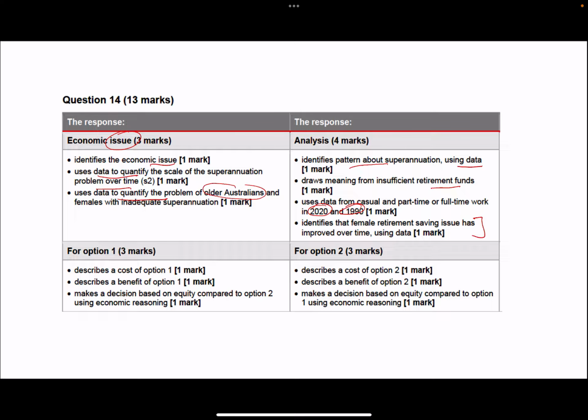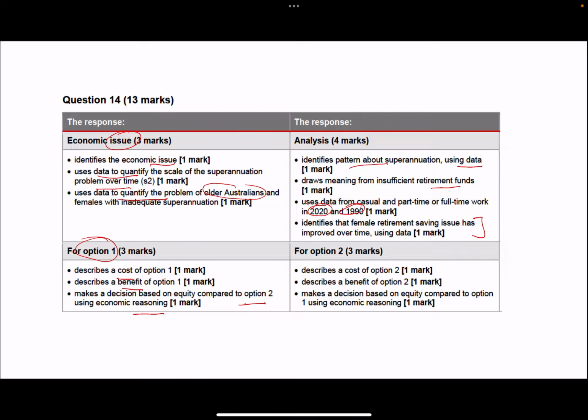Our next step, the second part of the question, is option 1 and option 2. So if you just argued that, say, option 1 was your preference, you actually cut yourself out for 3 marks straight away. Option 1 describes a cost, describes a benefit, and makes a decision comparing it to option 2 using some economic reasoning, logic, and evidence.